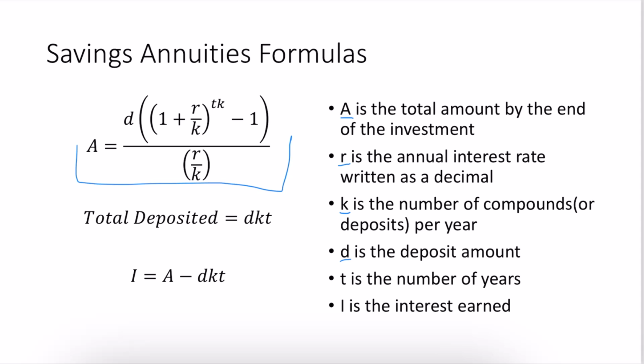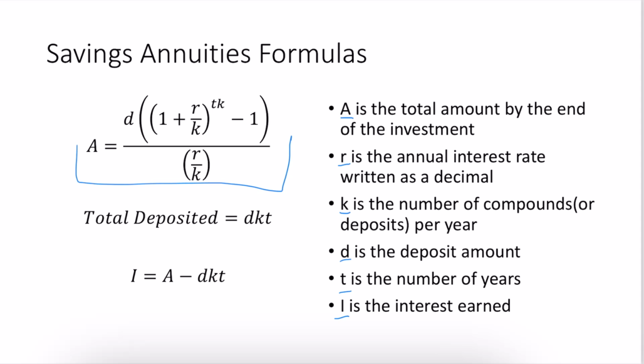And so if they tell you how often you're making the deposits, that's what K is going to be, even if they don't explicitly say that's how often the compounding period is. And then T is the number of years, and I is the interest earned. So that's all of the formulas for this topic.